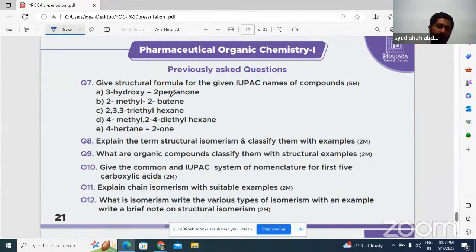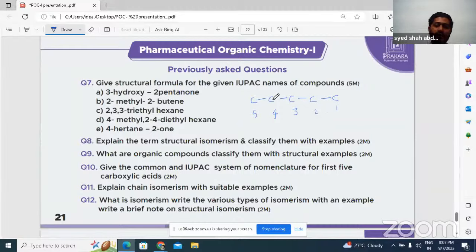I'm not bothered about any other thing, just see the 'pent' here, which means 5 carbons: 1, 2, 3, 4, 5. Done. Now give numbers 1, 2, 3, 4, 5. Numbering can be your choice. You can start from this side or that side, because you are drawing the structure.